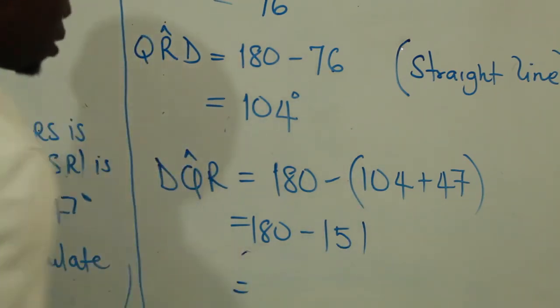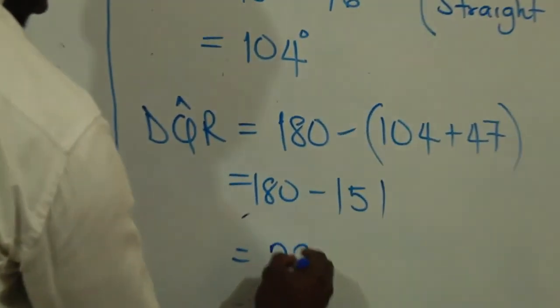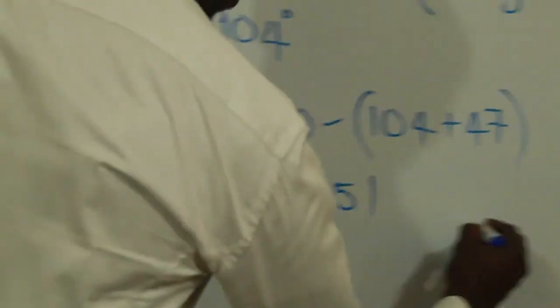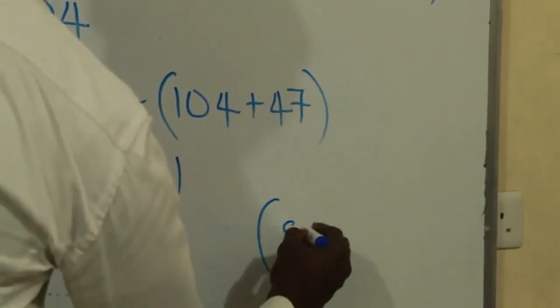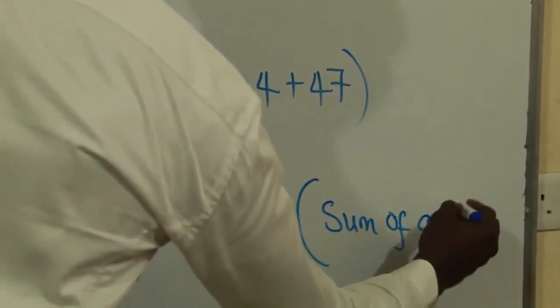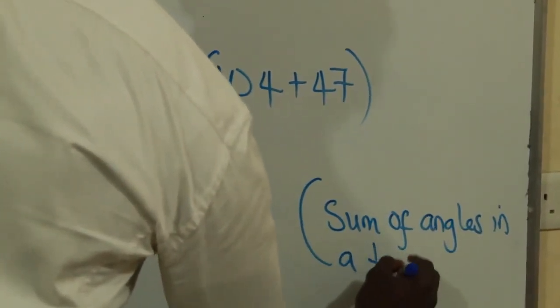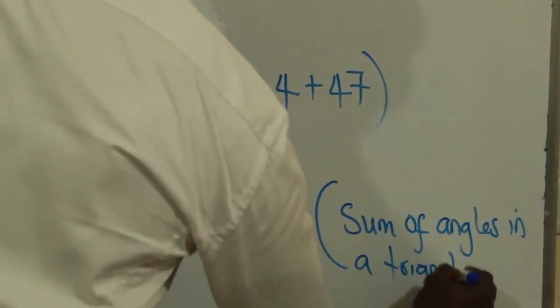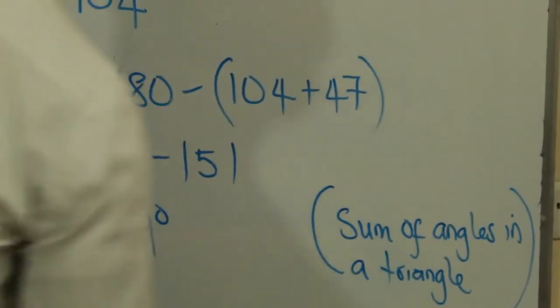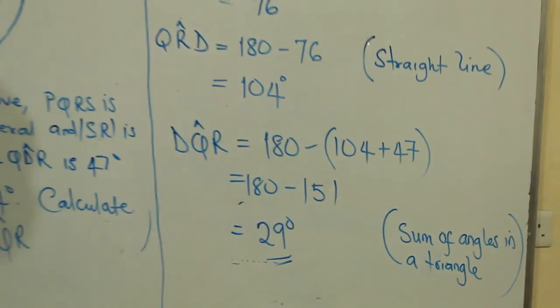And 180 minus 151 will give me 29 degrees. The reason for subtracting this is sum of angles in a triangle. That is the angle that they asked us to find.